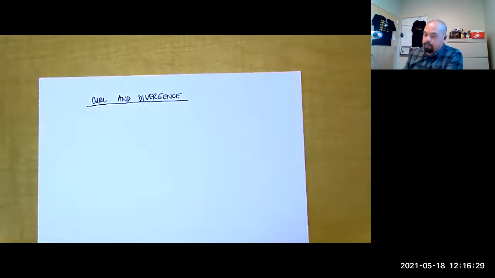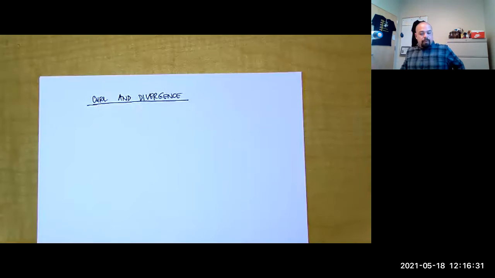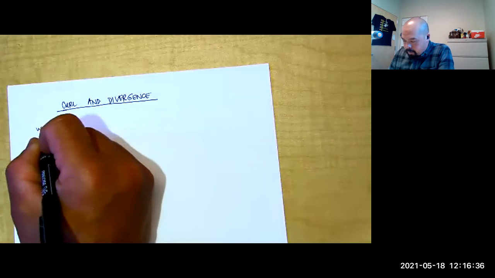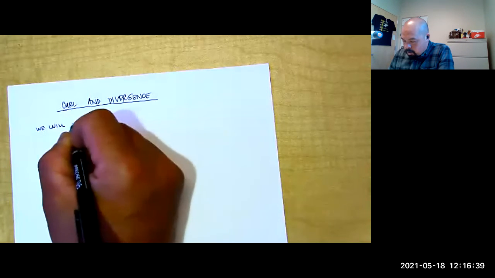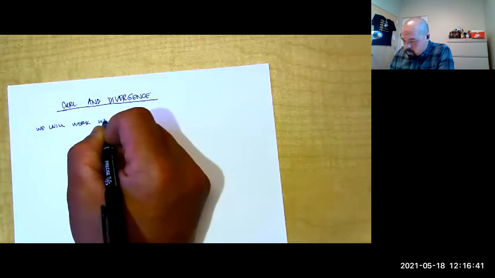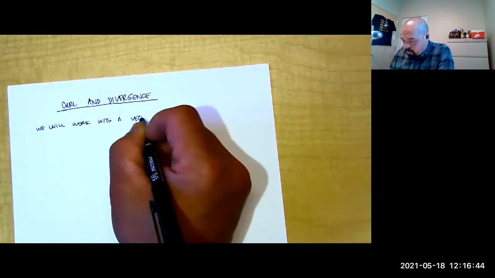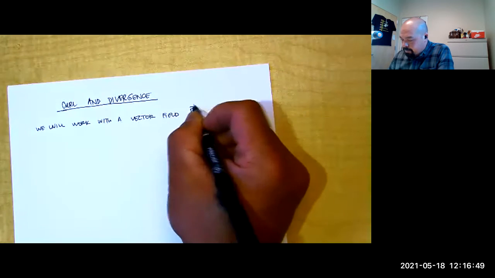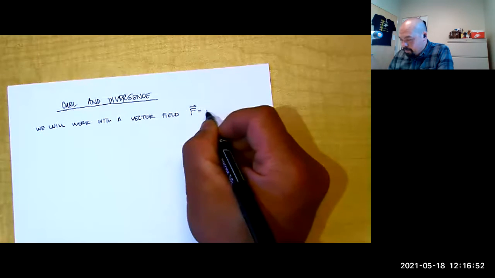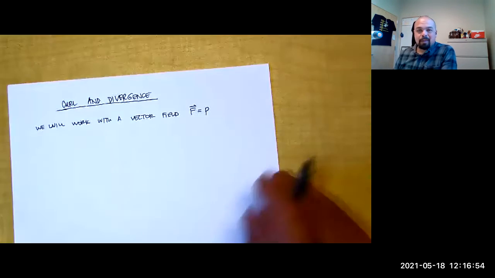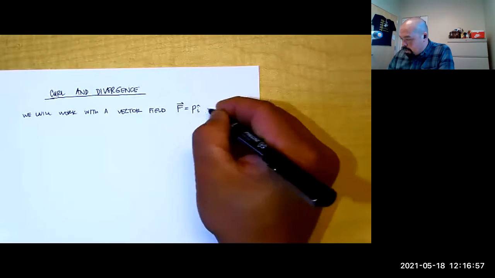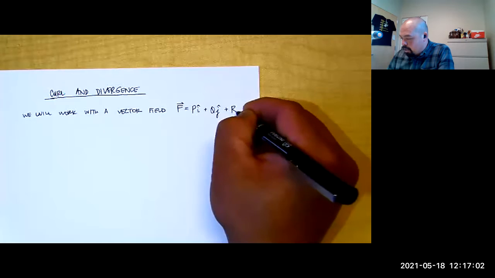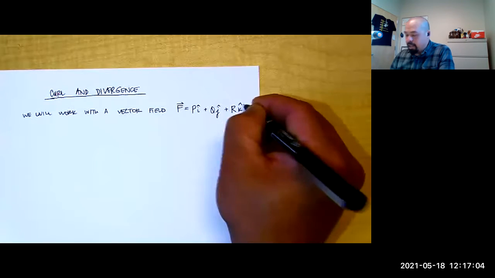In this session, we're looking at the curl and divergence. And so as we start to work on this, we will work with a vector field F, given by our function P of x, y, z in the i component, Q in the j component, and R in that k component.